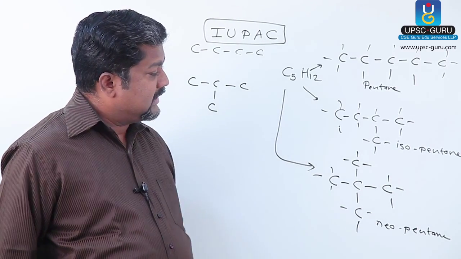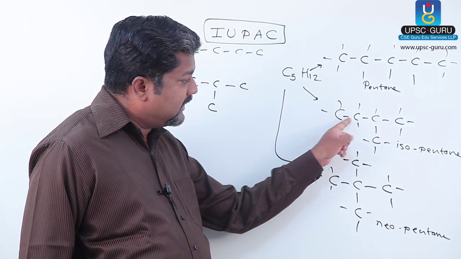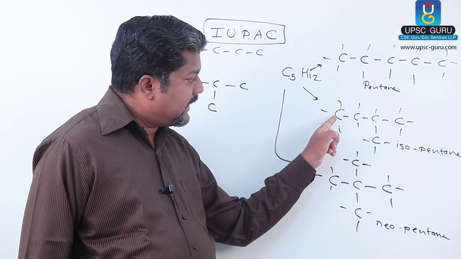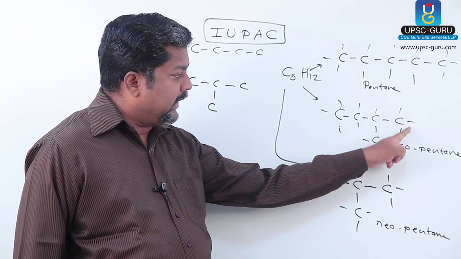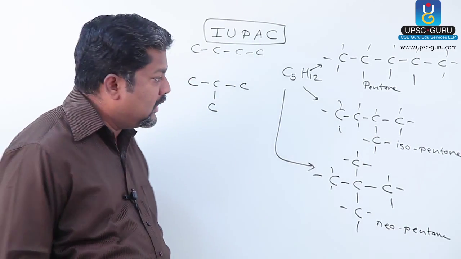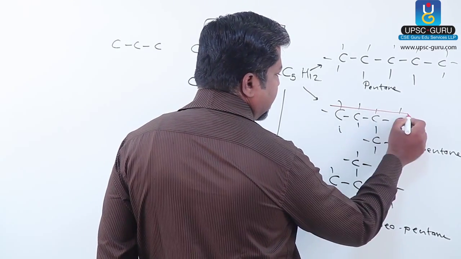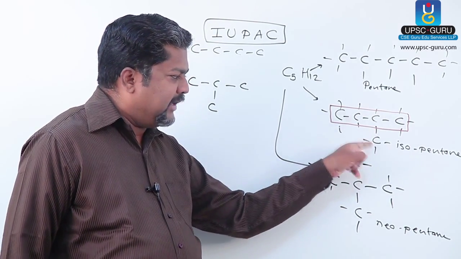Now in this case, select the longest chain. I can go this way, 1, 2, 3, 4. Or I can go 1, 2, 3. No, there are 4 members, so the 3-member chain is smaller. So I can select the longest chain as this. Now this is called the branch.